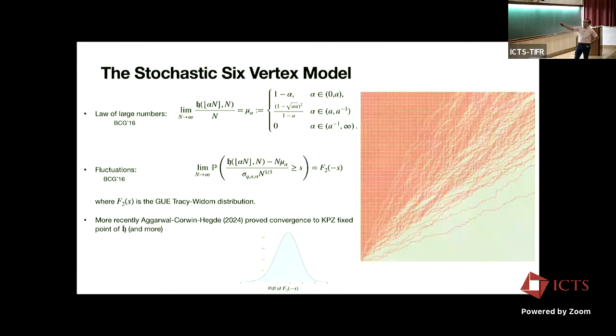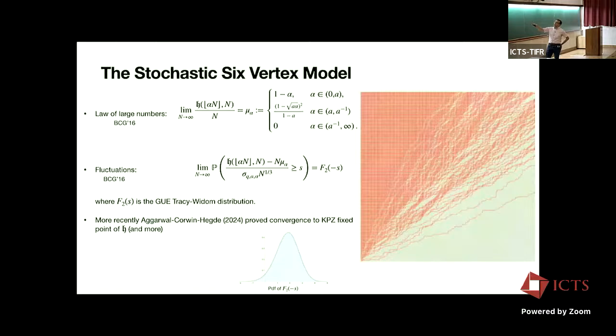It's 1 minus alpha here. It's 0 if we go eventually to the right, and it has a non-trivial shape in the middle. Maybe some of you noticed that the model actually depends on another parameter, which is q, but the dependence on q is not visible from the law of large numbers.